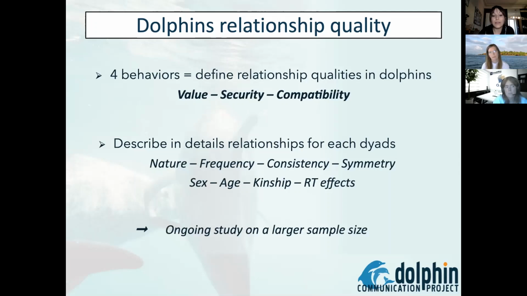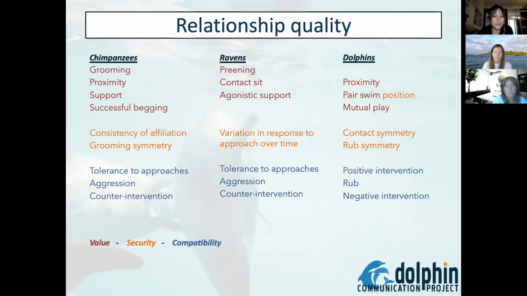And so we are working hard to go through many hours of videos. It takes a lot of time, but we want to reproduce this method with a larger sample size to see if we manage to demonstrate other effects on other relationship components. I just wanted to finish with this slide because I showed it to you earlier.